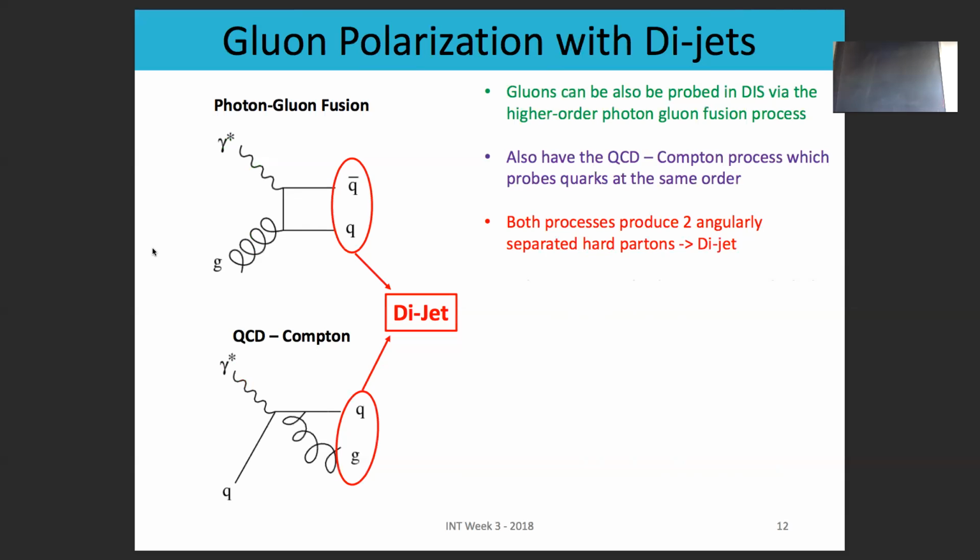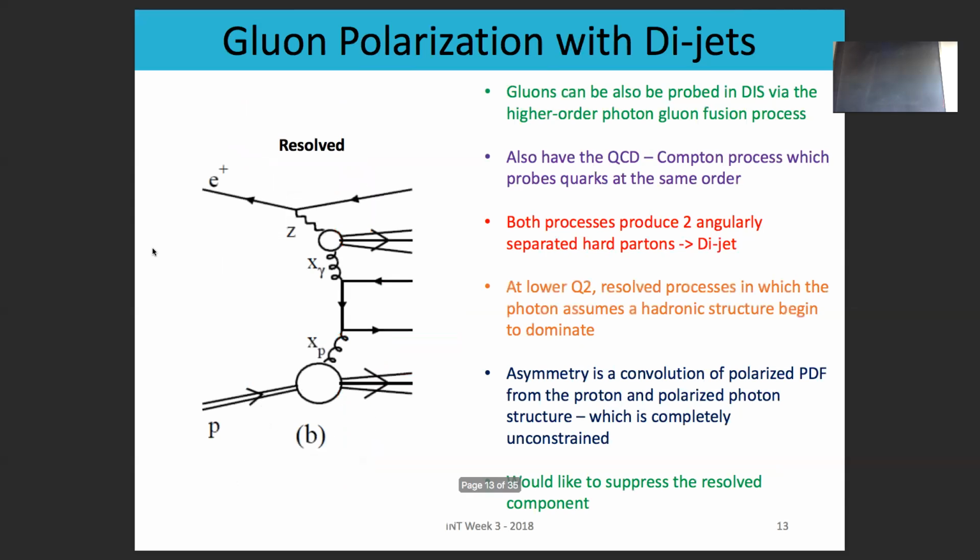The QCD Compton will as well, which gives us information on the quark. And we also have this resolved event, which is basically the DIS equivalent to 2-to-2 scattering, where our photon behaves hadronically, provides some parton with a momentum fraction, which then interacts with a Quark or Gluon from the proton and gives you a 2-to-2 scatter.